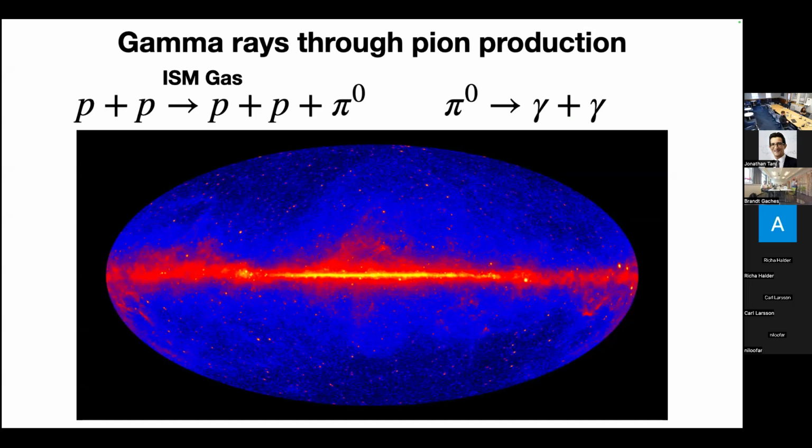This is the Fermi 10-year map of gamma rays, and you see there's a lot of gamma emission at the galactic plane because there's a lot of density. Historically, some very early measurements of the masses of dense clouds were done by looking at their gamma ray emission, because that directly probes the density, although that has fallen out of favor a bit because it's much harder than using dust or something.